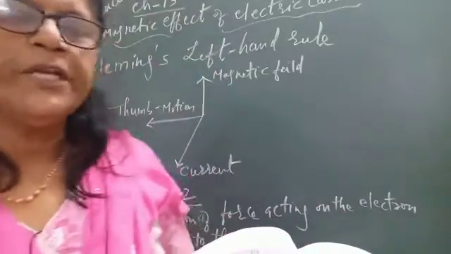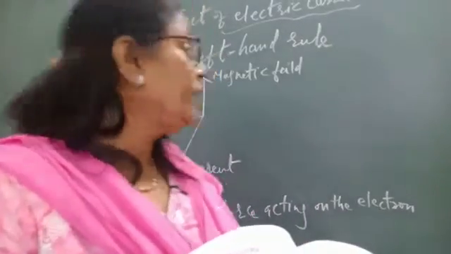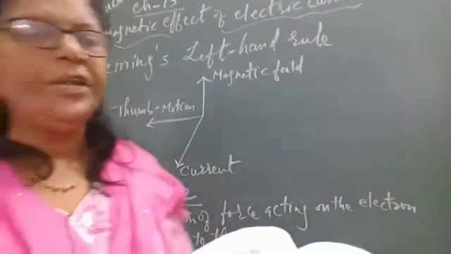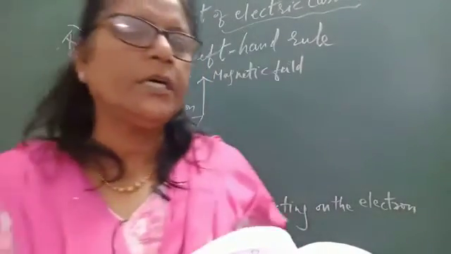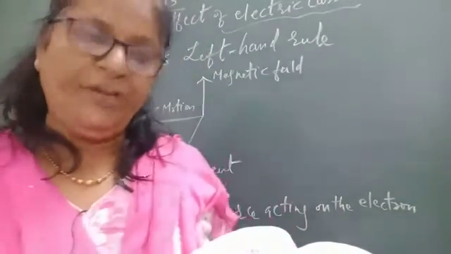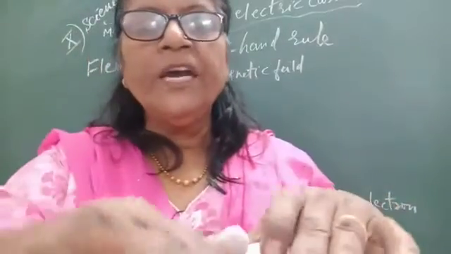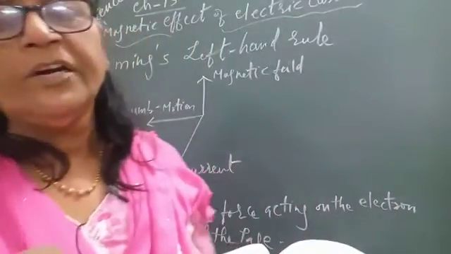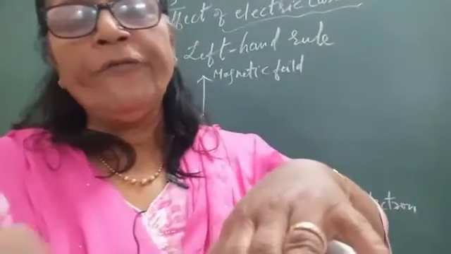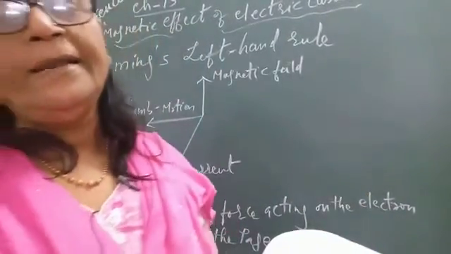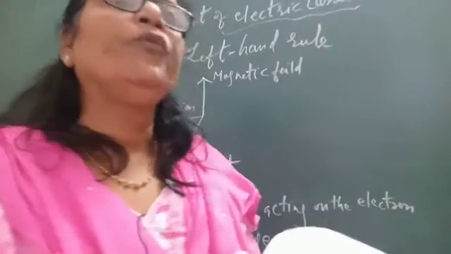Good morning, students. Last time we completed activity 13.7, the force on a current carrying conductor in a magnetic field. Here in activity 13.7 we considered the direction of the current and that of the magnetic field.